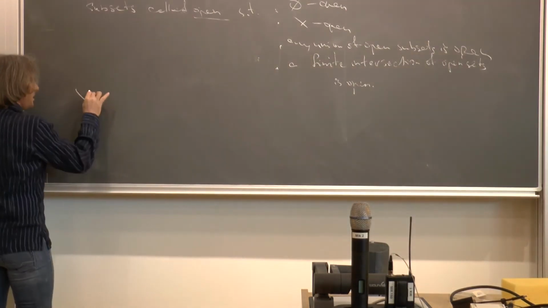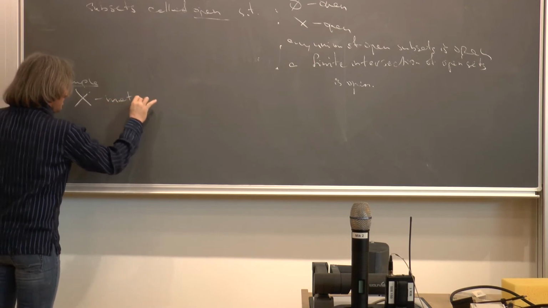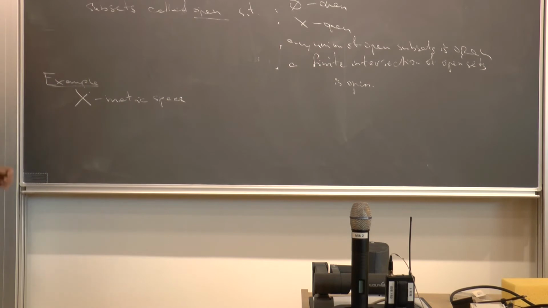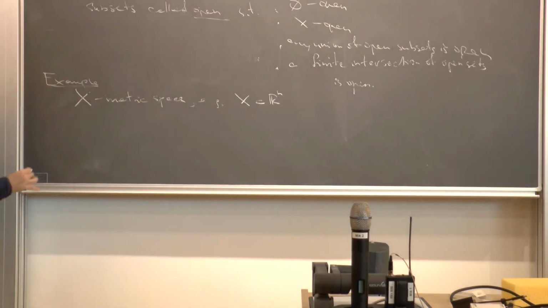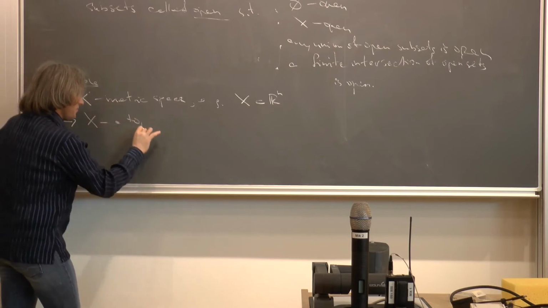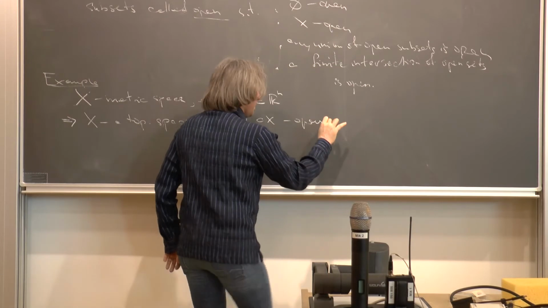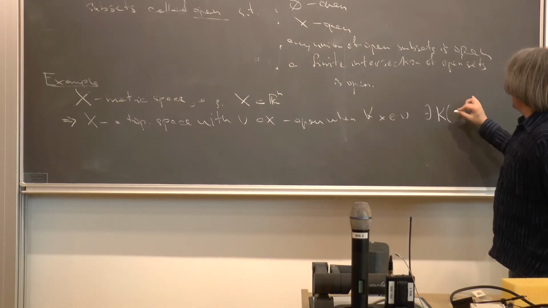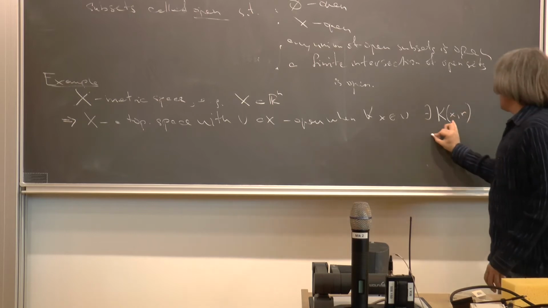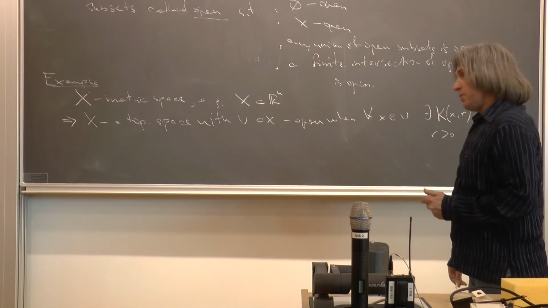It's because if X is a metric space, for example, X is a subset in R^n with the usual distance, then X is a topological space with U in X open when for any x in U, well, you know that, there exists an open ball B(x, r) for some r greater than 0, which is also inside U. So yes, we've been talking about topological spaces all the time.